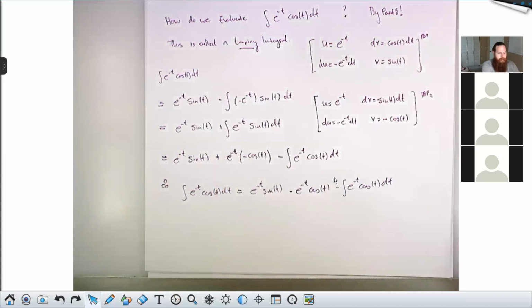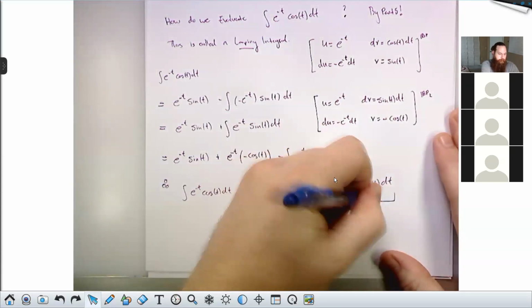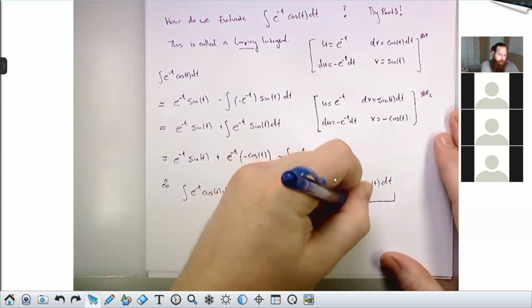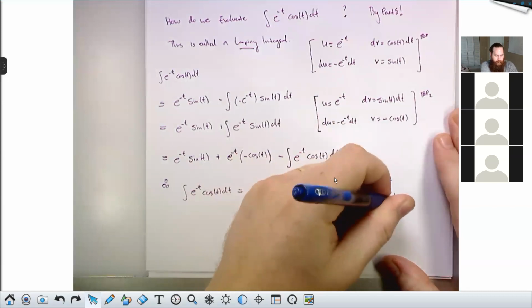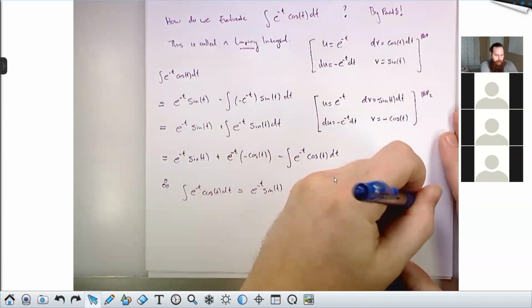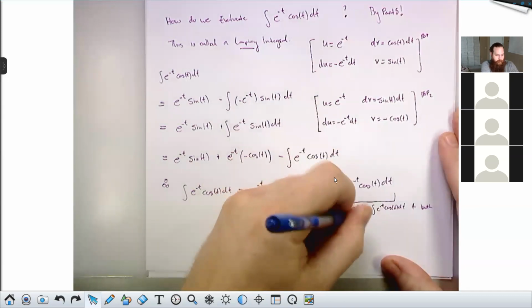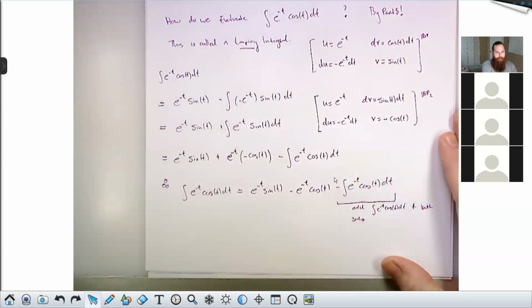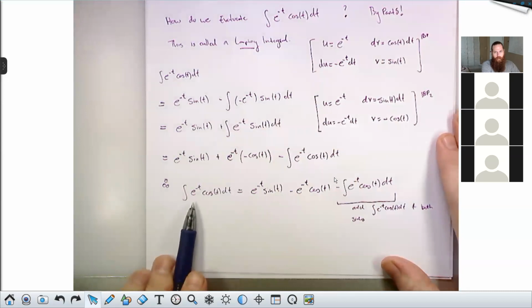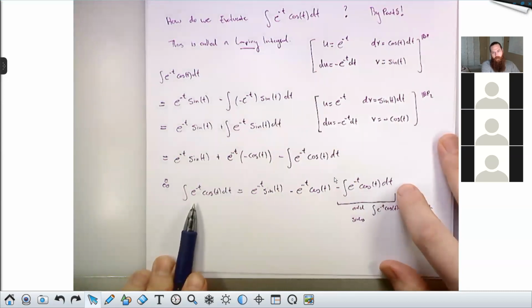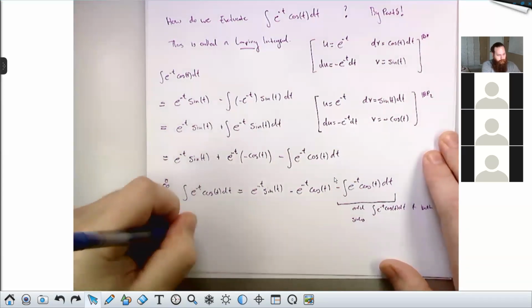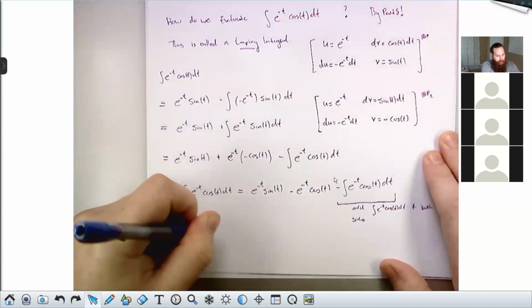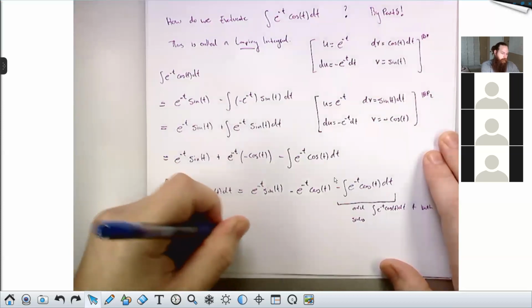So I'm going to add this integral to both sides. What I have over here is e to the negative t cos t, the integral of e to the negative t cos t. And over here, I have minus the integral of e to the negative t cos t. So when I add this to both sides, I'm going to get 2 copies of the integral of e to the negative t cos t dt equals this stuff.